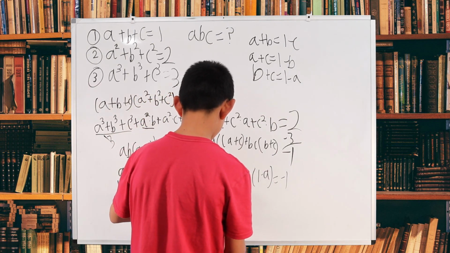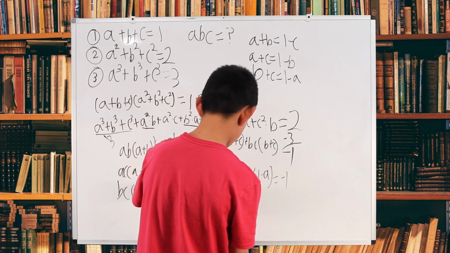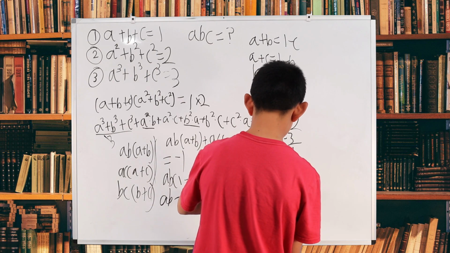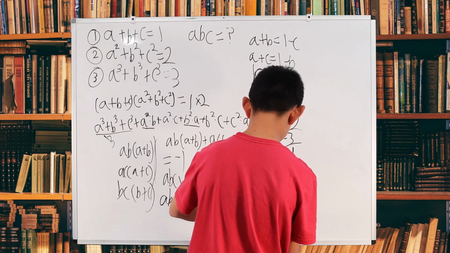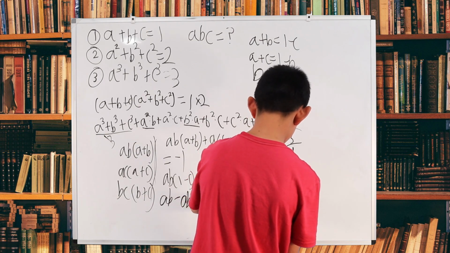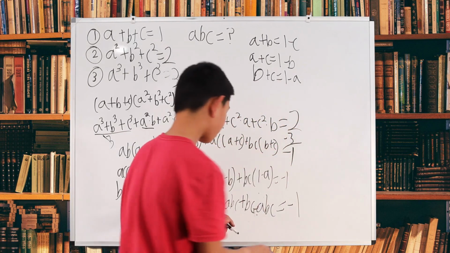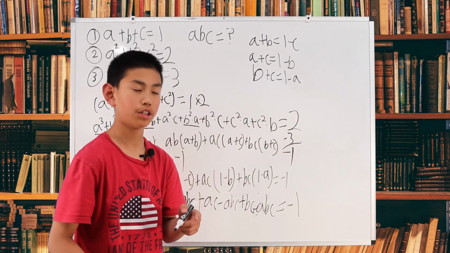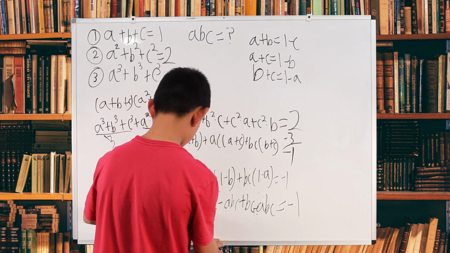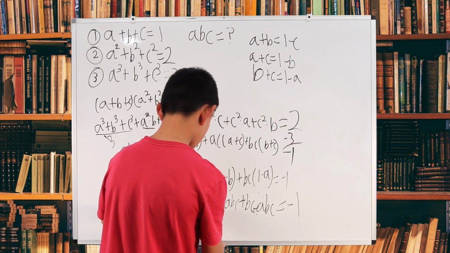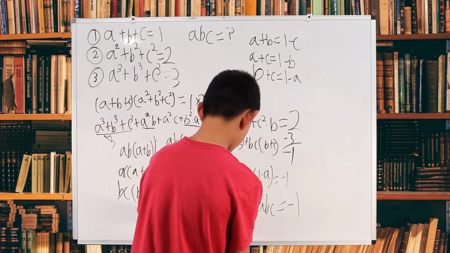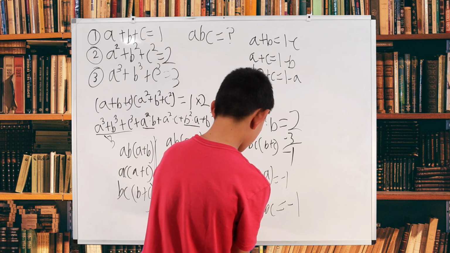So plus ac minus abc again, plus bc minus abc is equal to negative 1. So now we can just put them together: ab plus ac plus bc minus 3abc is equal to negative 1.